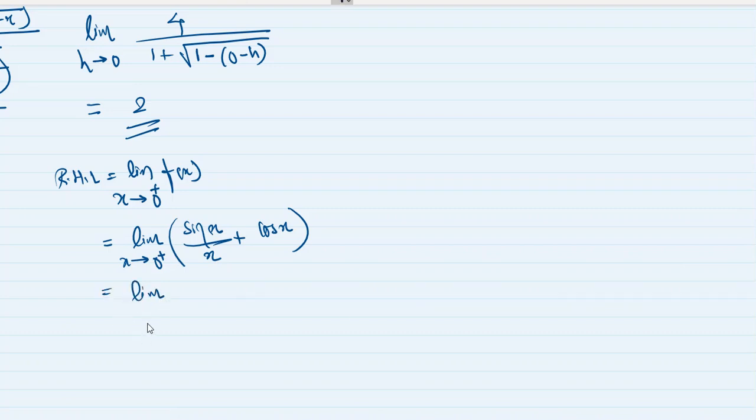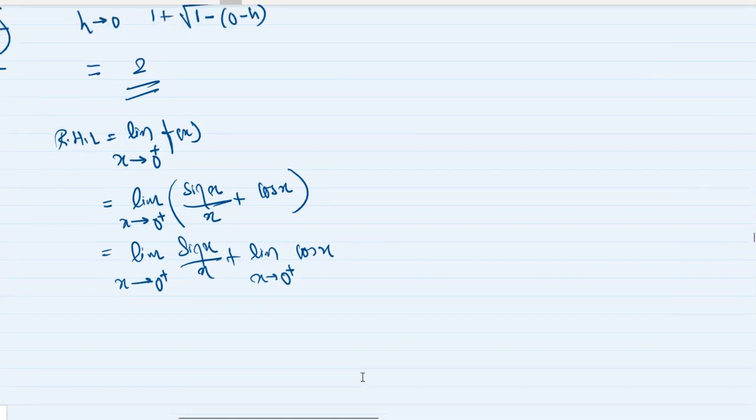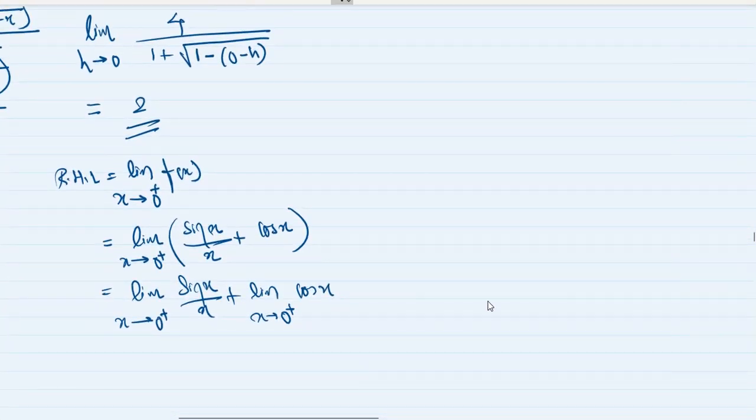Limit of x tending to 0 plus of sin x upon x plus limit of cos x when x tending to 0 plus, and let's try to solve this. So we will use the h method because with this form it will be little difficult to solve. Let's use the h method and then simplify it.